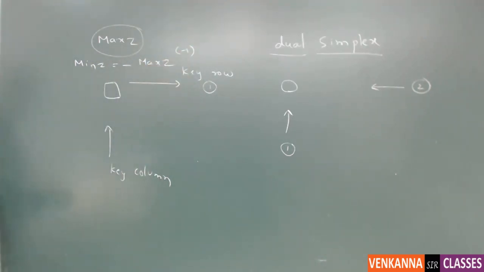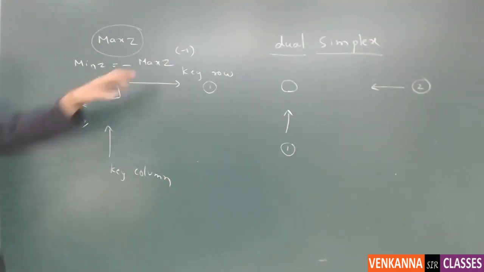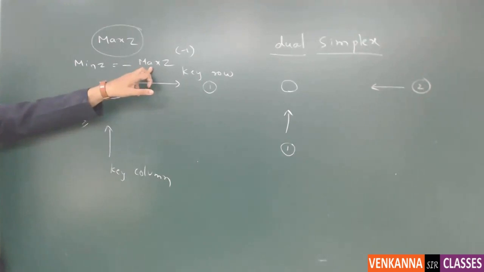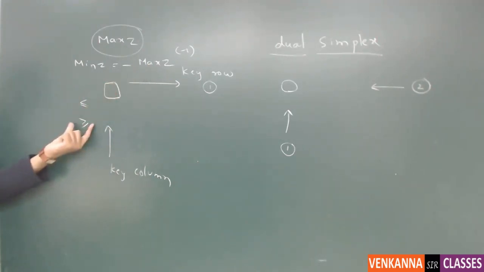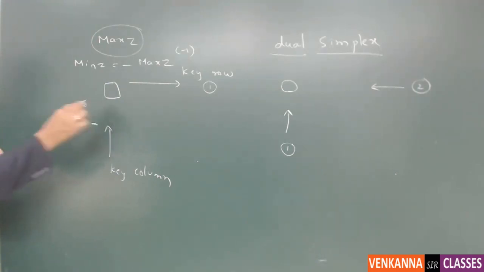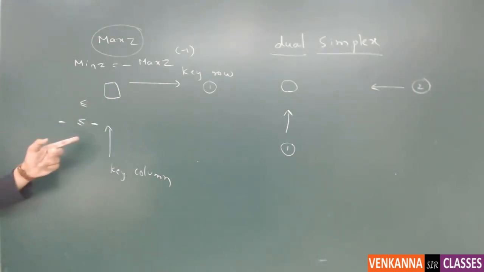And usually, as and when inequalities are framed in an LP problem, they may be of mixed type, less than or equal to and greater than or equal to. For a maximization problem, we always take the inequalities of the type less than or equal to. Whenever an inequality is greater than or equal to, we multiply both sides with minus and convert it into less than or equal to. That is what we do in the dual simplex method.